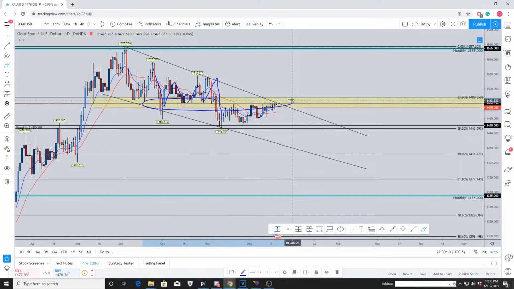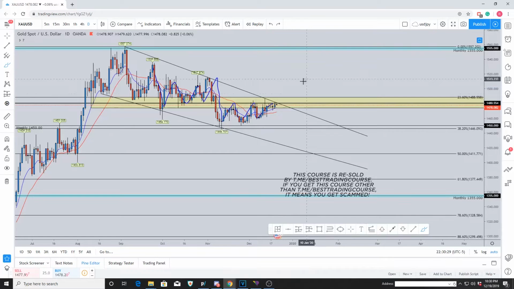Then what I'm going to be looking for is for price to test that level of support, and the probability of price to continue to go down, since sellers have held this support for quite some time now. The probability of price to continue to go down is a lot higher than the probability of price continuing to break out to the upside.